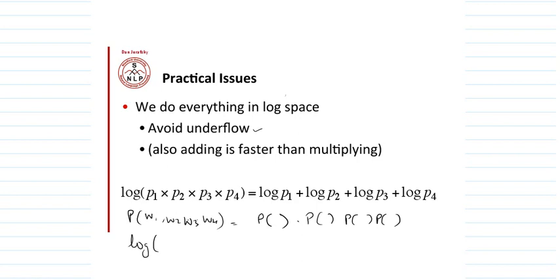The log probability of W is actually log P1 plus log P2 plus log P3, that is, the log of the whole P1 times P2 times P3 times P4. So that is log of P1 P2 P3 P4, what we are calling P1, P2, P3, P4.